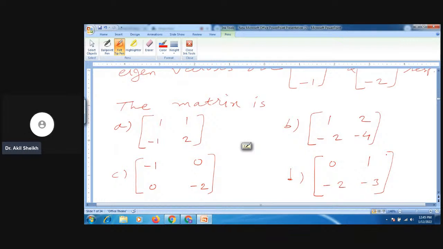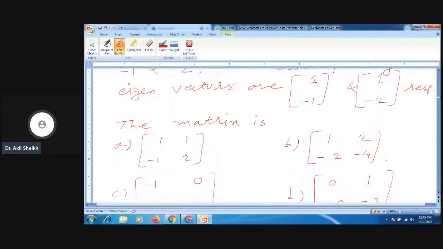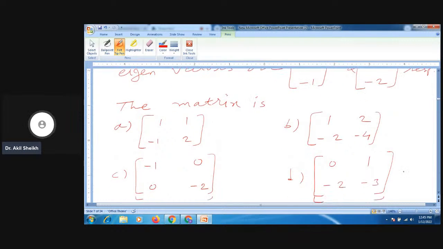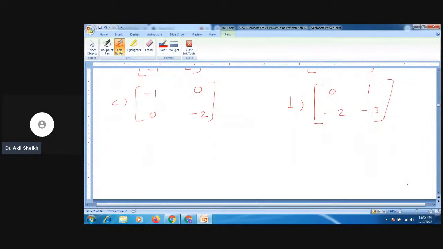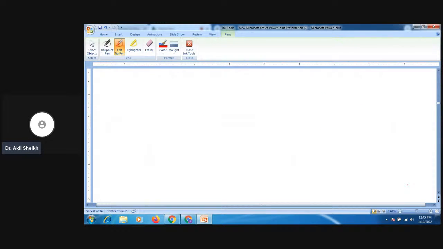First of all, what is given? The matrix has eigenvalues minus 1 and minus 2, and we are given eigenvectors, and we have to find the corresponding matrix. First of all, we form a model matrix because we know the result from diagonalization, that is B inverse A B equals D, the diagonal matrix.